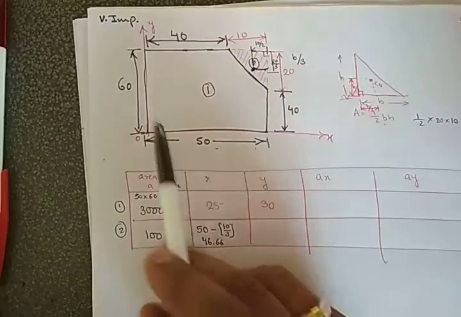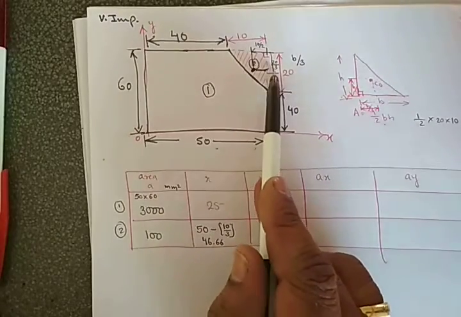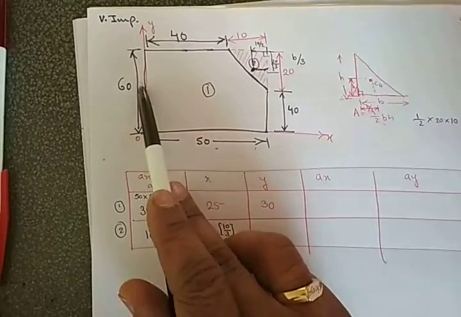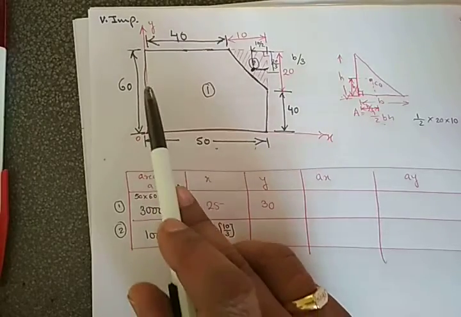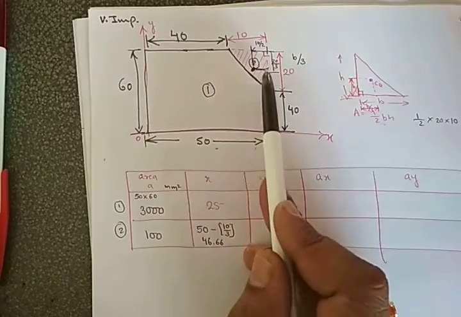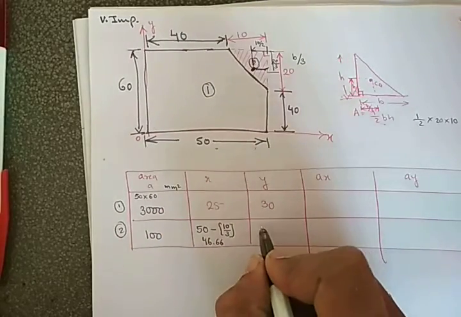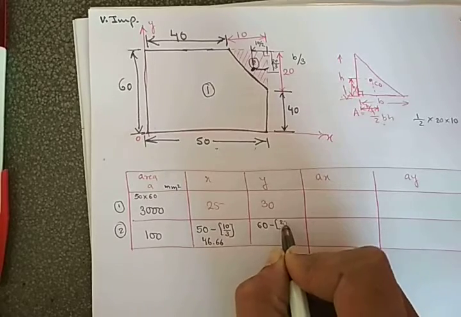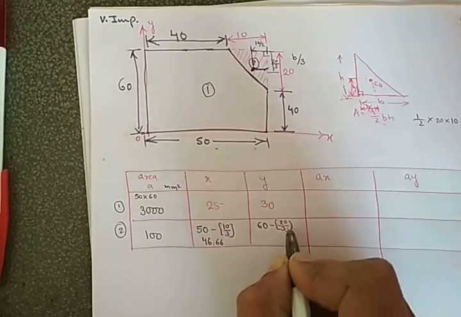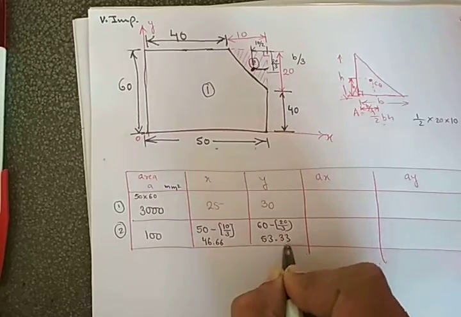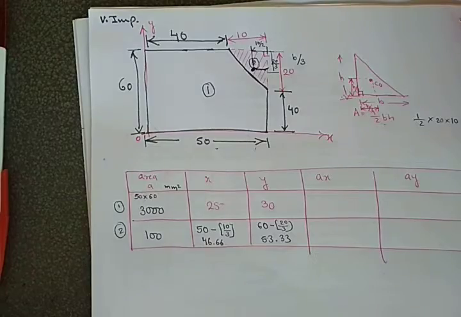In the y-axis it is 60 minus 20 divided by 3, which is 53.33.